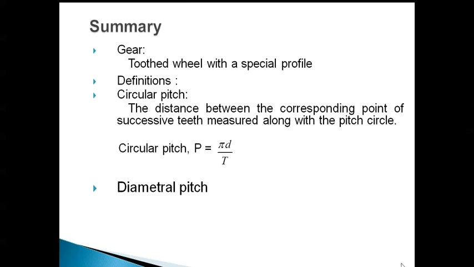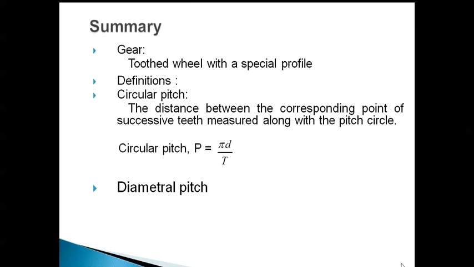When two gears are meshed together, the point of contact where power transmission takes place is on the friction circle. Both gears meet at one particular point of contact, and around the wheel that is called the friction circle. So that is the pitch circle diameter. Generally, the size of a gear is mentioned by the pitch circle diameter only.